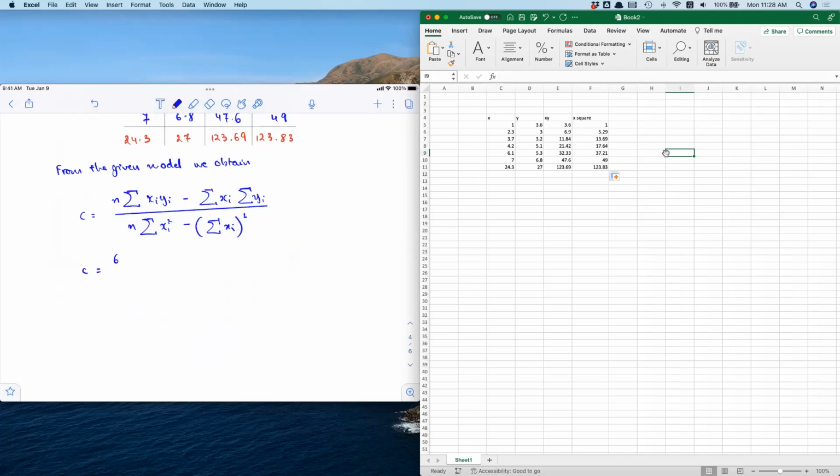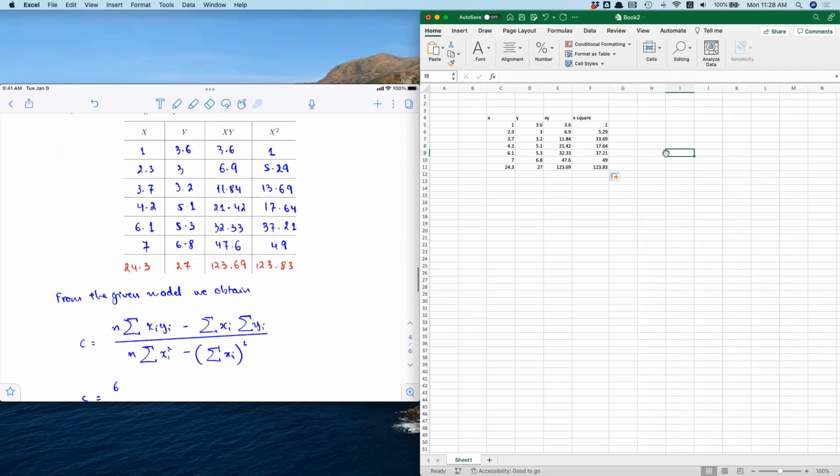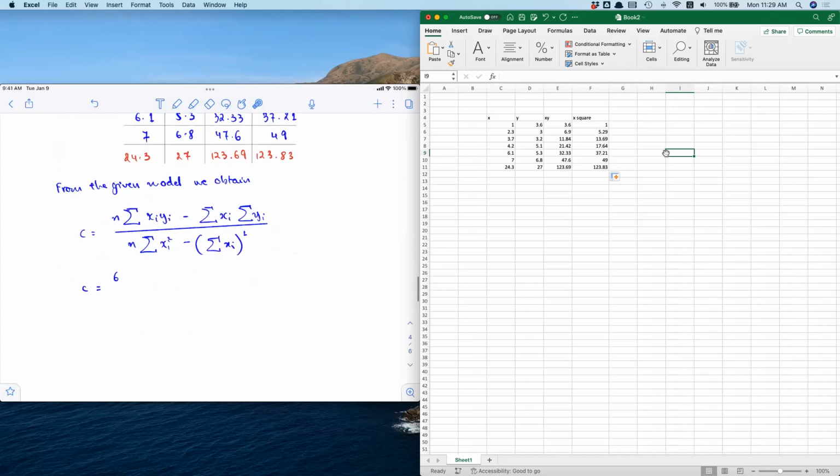The summation of x times y from this column is 123.69, minus the summation of x, 24.3, times 27, divided by n, which is 6, times the summation of x squared, which is 123.83, minus the summation of x, 24.3, squared.